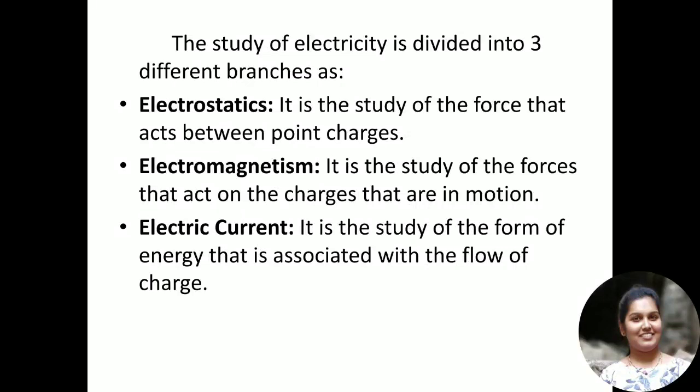The third one is electric current. It is a study of the form of energy that is associated with the flow of charge. These points have to be kept in mind while studying electrostatics.